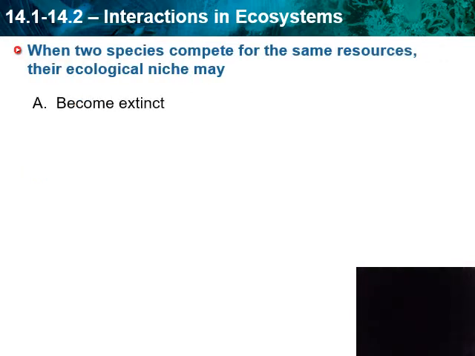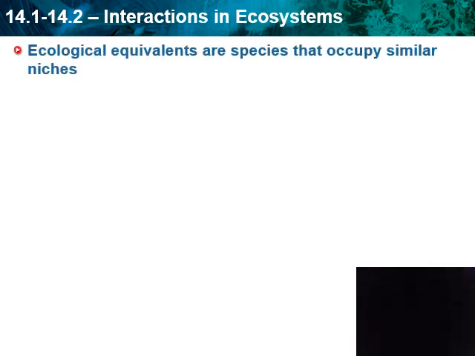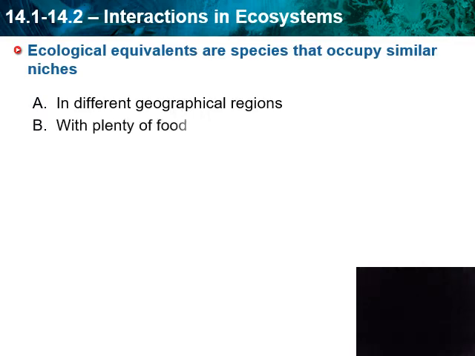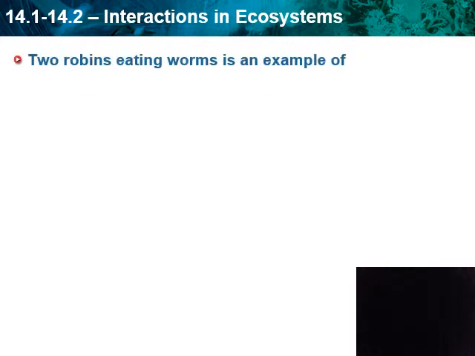When two species compete for the same resources, their ecological niche may be split, they might get split into two separate niches. Ecological equivalents are species that occupy similar niches. What did we just say about them? They're found in different geographical regions.